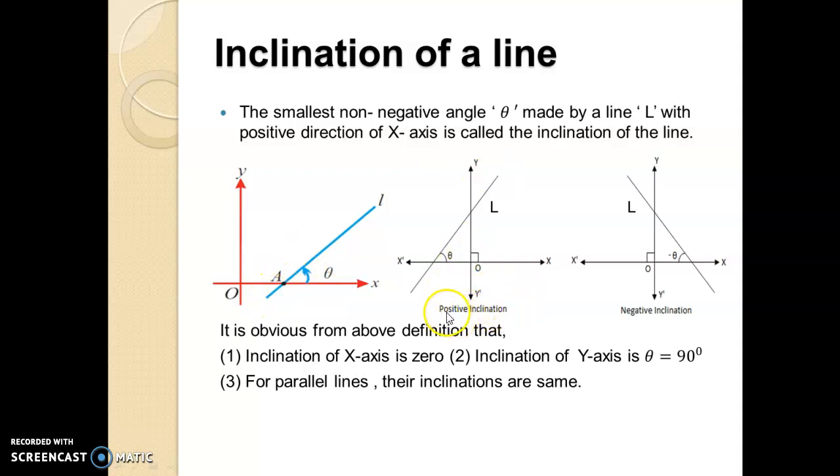In this diagram, this is a positive inclination, this is a negative inclination. Now it is obvious from the above definition that the inclination of the x-axis is 0, the inclination of the y-axis is theta equals 90 degrees, and parallel lines have the same inclination.